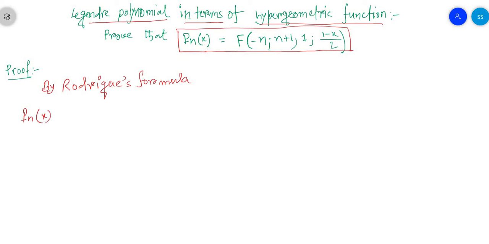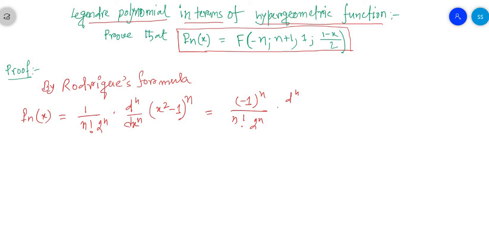P_n(x) is equal to 1 over n factorial 2 to the power n, d^n/dx^n of (x squared minus 1) to the power n, which is equal to (-1)^n over n factorial 2^n, d^n/dx^n of (1 minus x squared) to the power n.